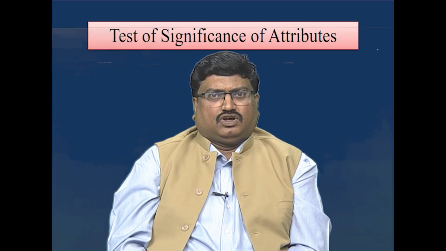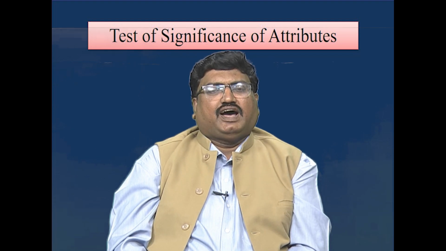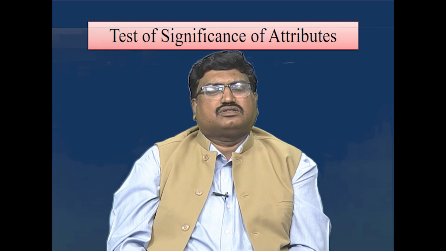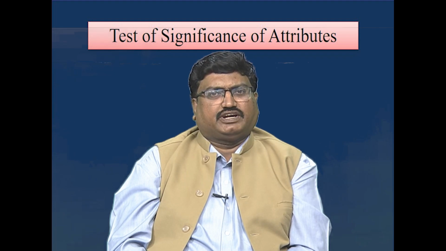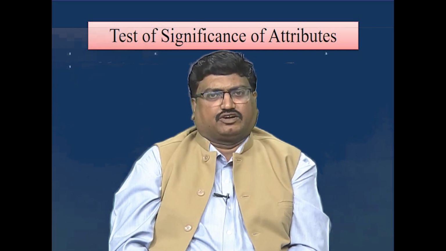Suppose I say there are 3 students whose ranks are first, second and third. Now I can't tell based on the position of ranks as 1, 2 and 3 as to how many marks the third rank student lost to the first rank. It can only tell you the position. So these numbers which denote position are called ordinal.